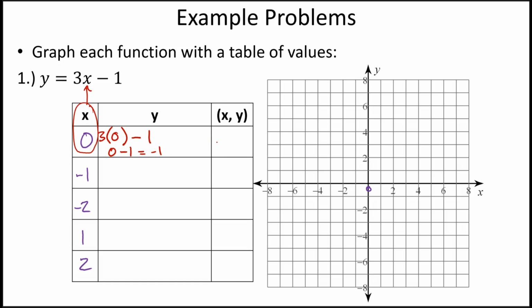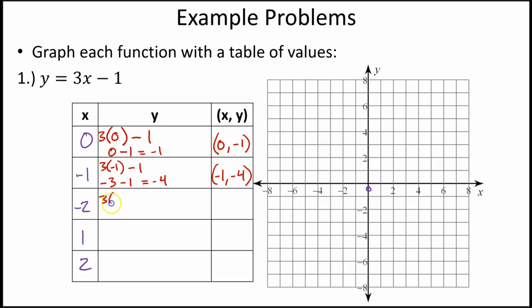So I have the coordinate pair. That's my output. Negative 1 is my output, and my coordinate pair is 0, comma, negative 1. And next I do the same thing for negative 1. So 3 times negative 1 minus 1, that will give me negative 3 minus 1, which is negative 4. So I have negative 1 and negative 4.